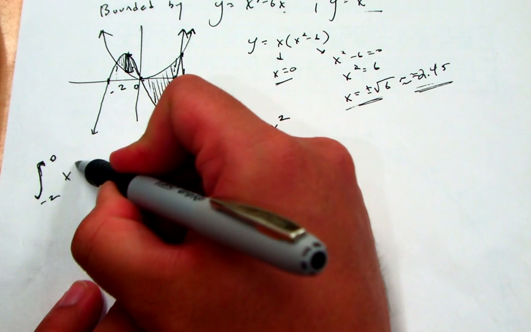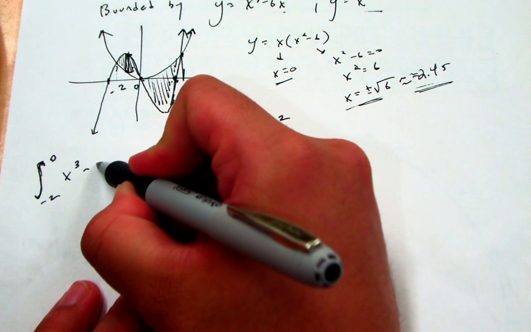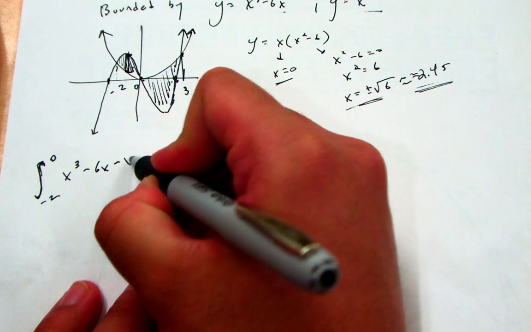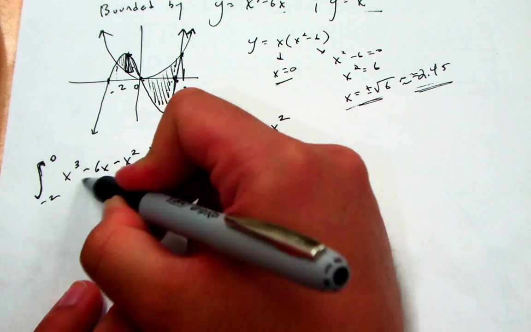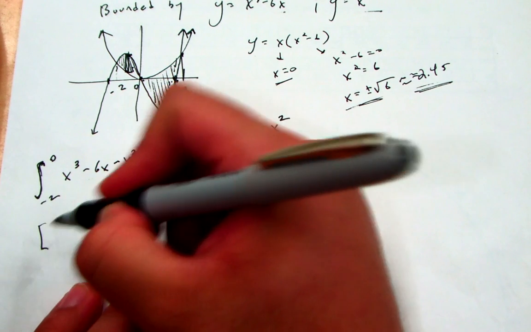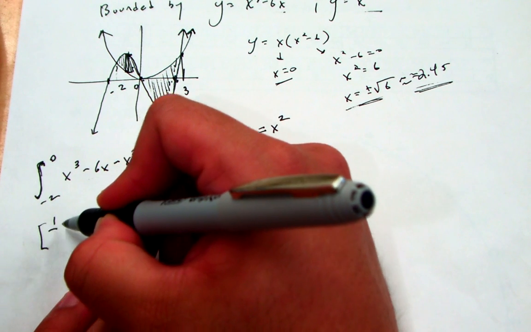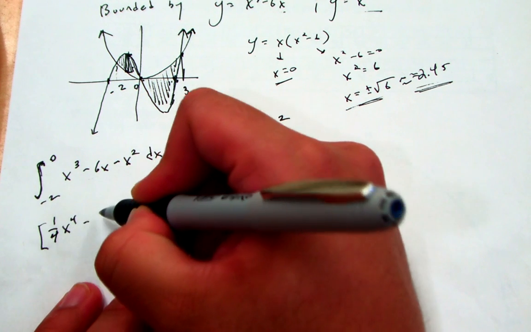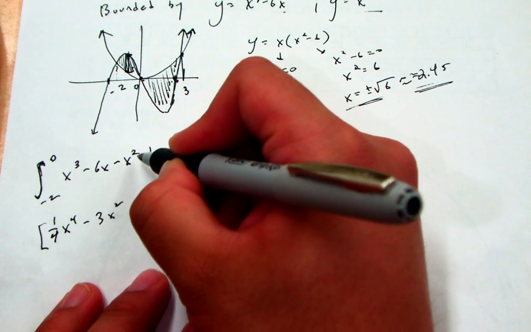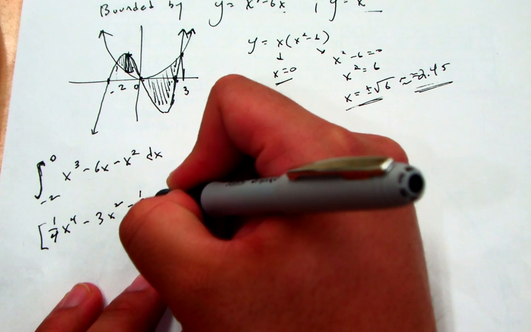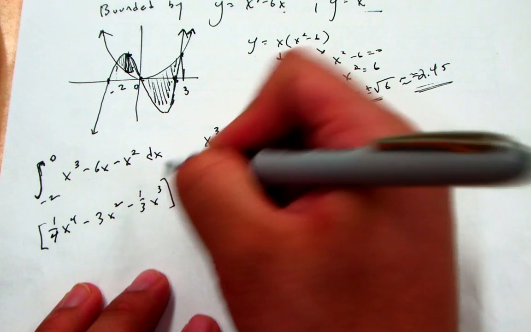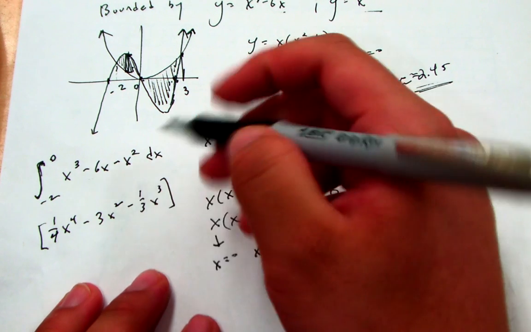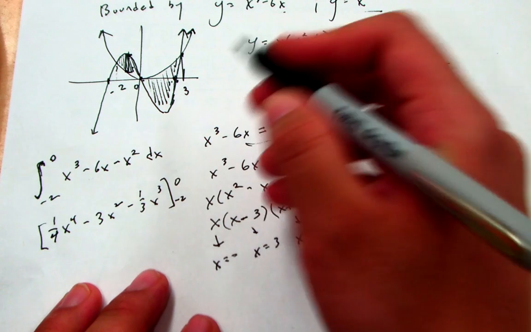So the top function in this region minus the bottom function in that region. This cannot be simplified, so we can just take the antiderivative. So that's 1/4 x to the 4th minus 3x squared minus 1/3 x cubed. Just double check that real quick. Yep, from negative 2 to 0.